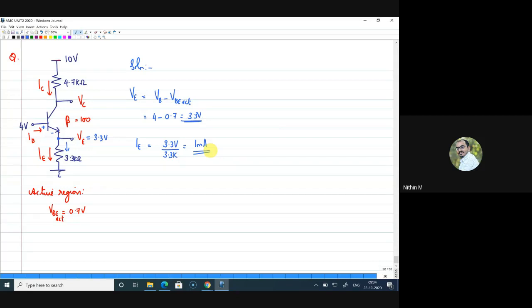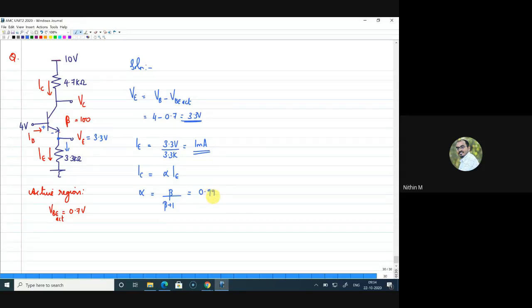Now with IE, definitely you can find IC. I think the rest of the things follow. So how are IC and IE related? I can say IC is equal to alpha times IE, and alpha can be obtained from beta. It is beta by beta plus 1, so you can find it as 100 by 101, right? It will be very close to 1. I think it will be 0.99.